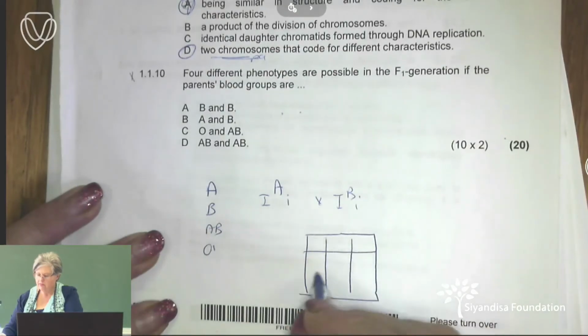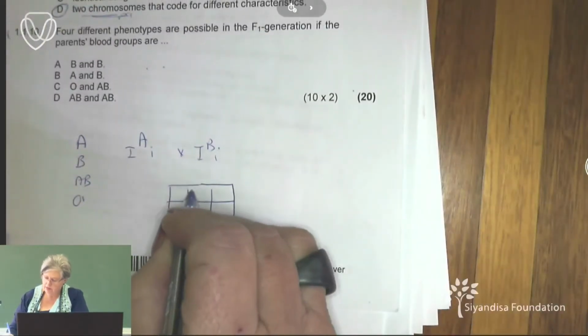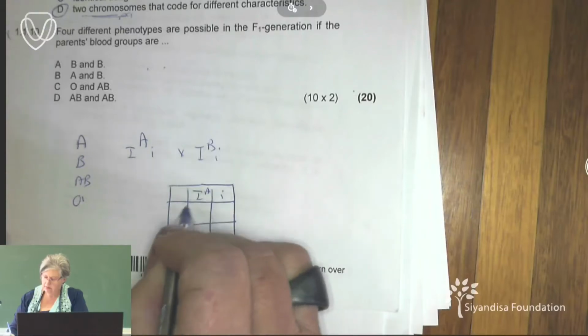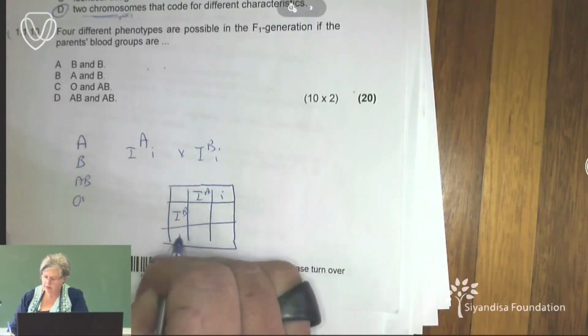Remember, I don't write F1, F2, but you must do it. So this is IA i and IB i.